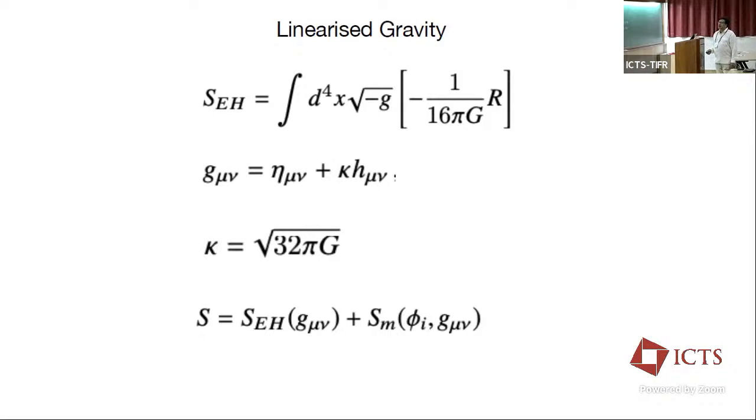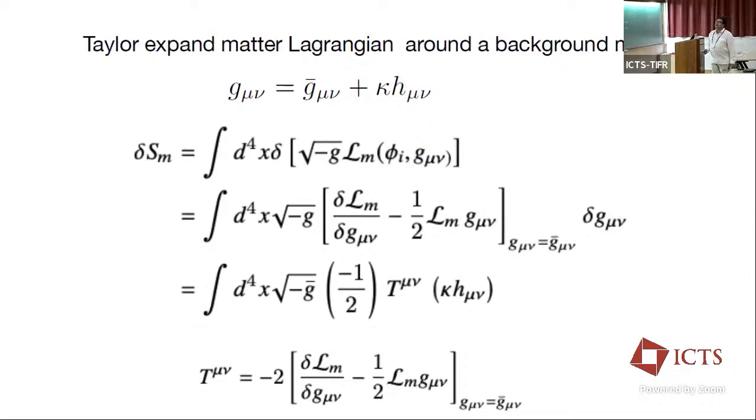What you will get from the Einstein-Hilbert part is basically the kinetic term for h mu nu, so it will be h mu nu box h mu nu. And when you expand the matter action, you will get the interaction of matter with this h mu nu, if you keep the terms first order in h mu nu. I should speed up. To calculate the action to first order, you use the Taylor expansion: take the derivative of the action with respect to the metric, and then delta g mu nu is kappa h mu nu.